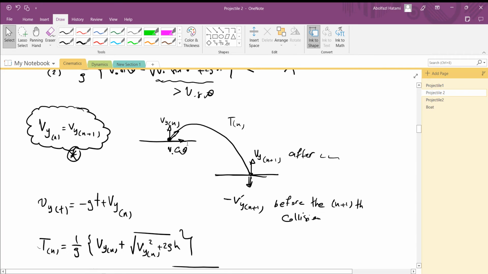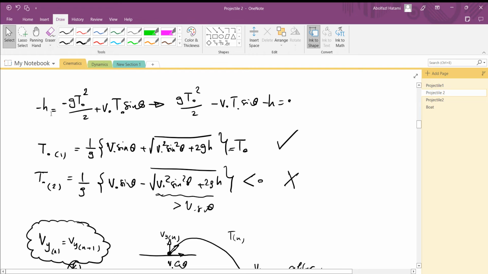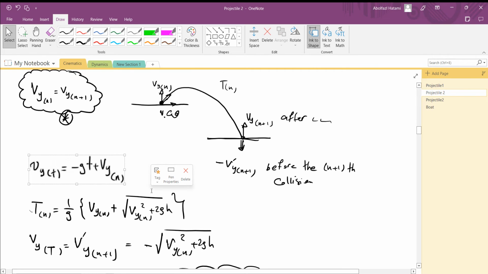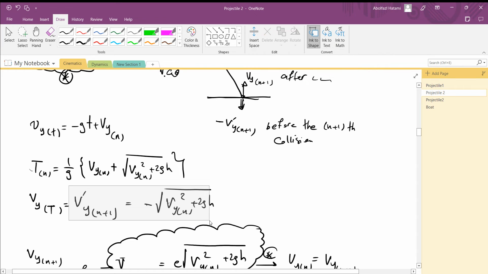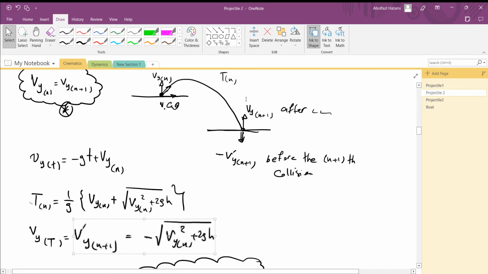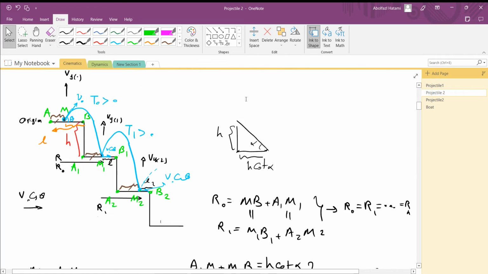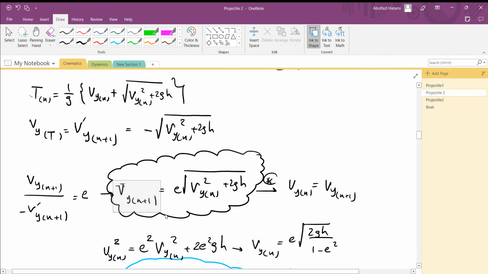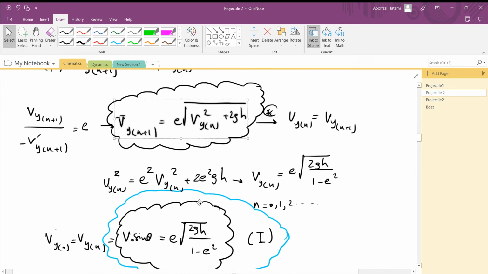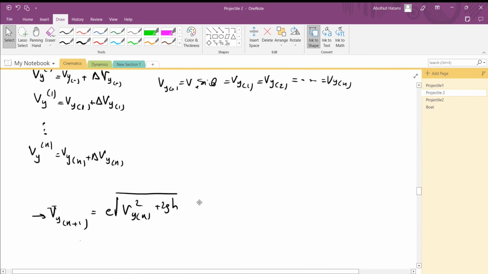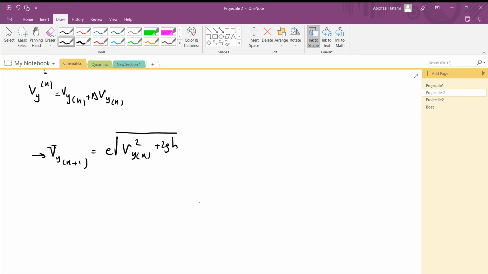It doesn't matter where the ball is or what happened to the ball; the time that the ball is in the air is tn, and we found tn as a function of vyn, and we replaced it in this equation, and we found the velocity before the n+1 collision, and we used the jumping coefficient to find the velocity after the n+1 collision as a function of the ball's velocity in the y direction after the nth collision.